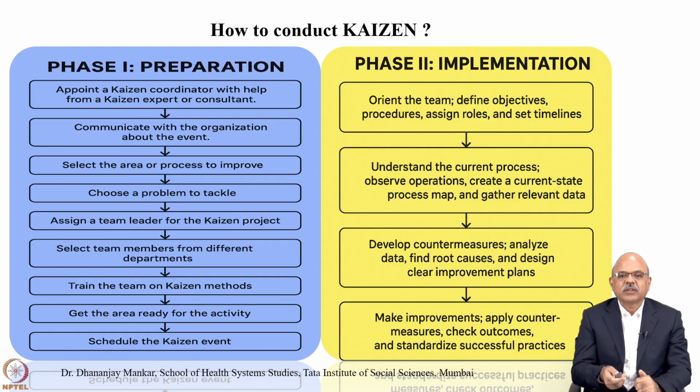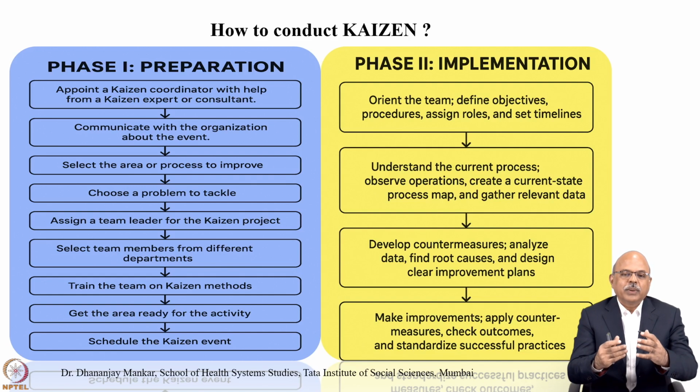The second phase is implementation. Orient the team, define the objectives and procedures, assign roles, and set the timelines. Timelines are very, very important. Next is understanding the current process: observe operations, create a current state process map, and gather relevant data.